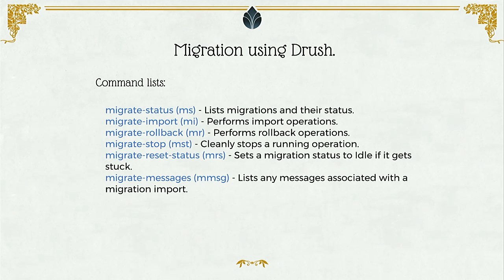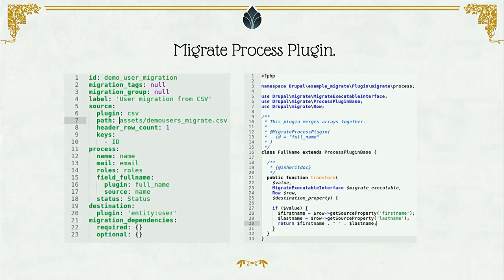Do you want to talk about all those? There are a lot of process plugins. Yeah. So, on the process plugin and the example provided of the full name process plugin, in core there's a whole bunch of existing process plugins. If you look in the core Migrate module, you'll see a bunch. There are simple things in there like concat, just to concatenate two fields. There's extract to pull something out of an array, comes to mind.